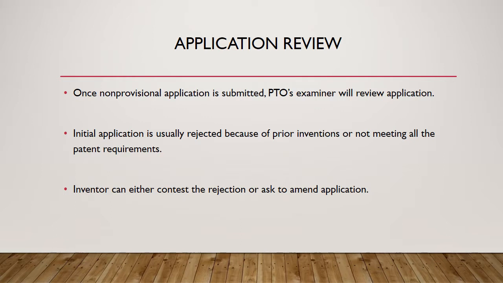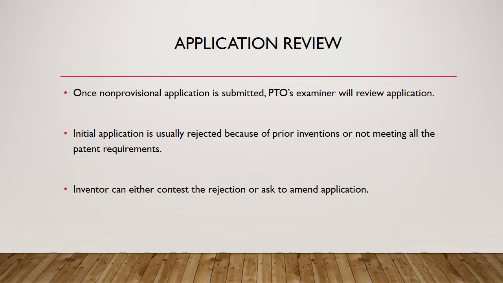So it's very common that initial applications are rejected, and it's usually because they decide that you don't meet all the patent requirements, or that you've got prior art, prior inventions that are similar to this that make it non-unique. And so at that point, if you do get an initial rejection, then the inventor can either contest the rejection, or they can ask to amend their complaint, or excuse me, their application.